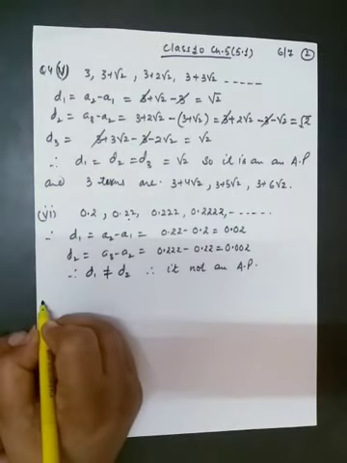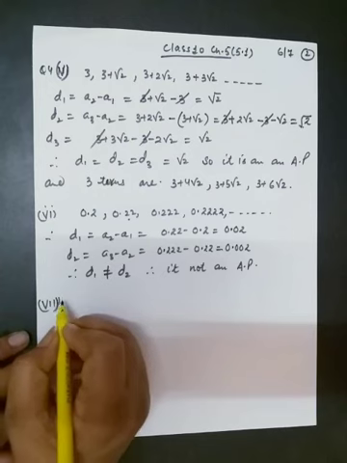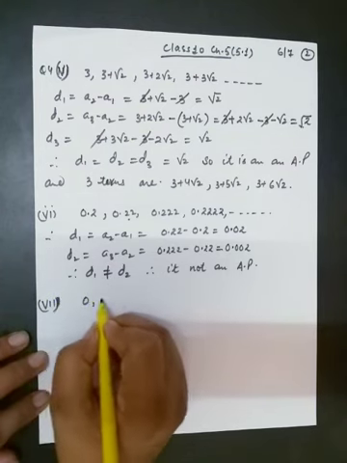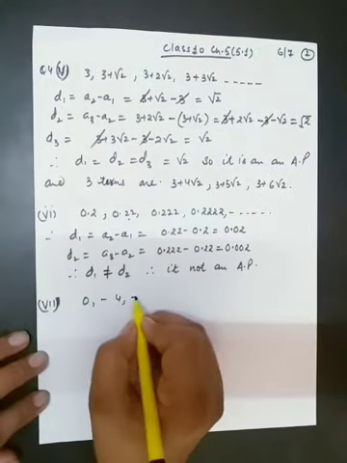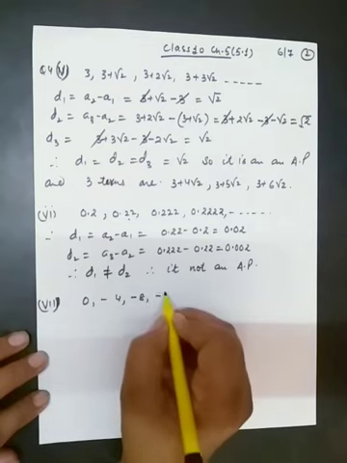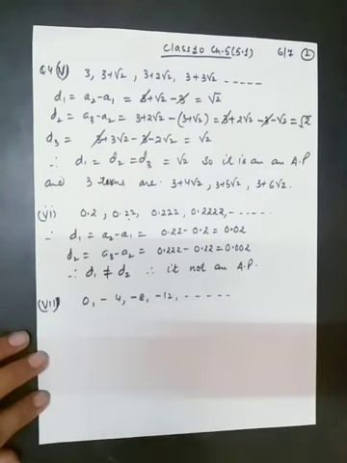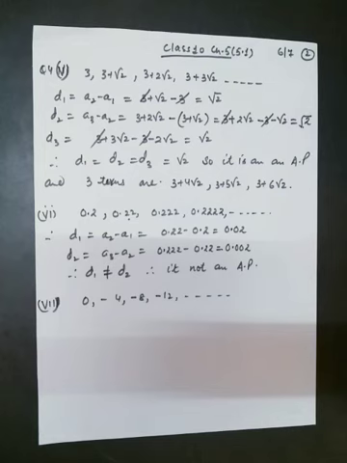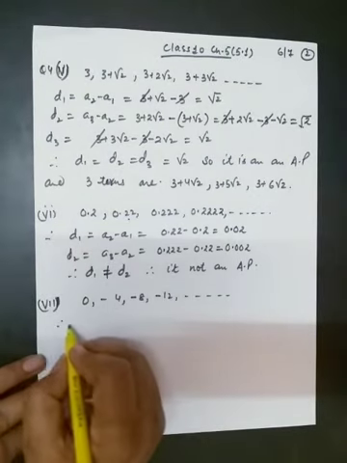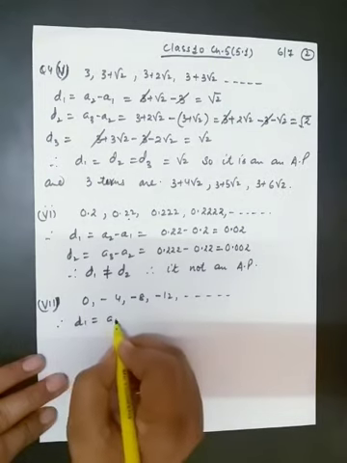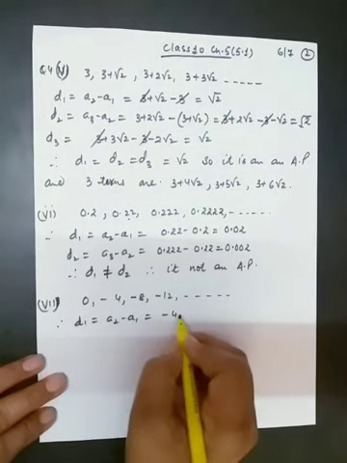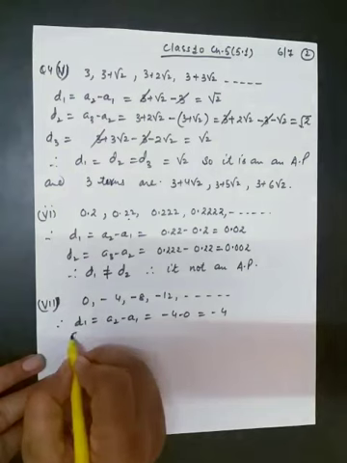In the next part, the given series is 0, -4, -8, -12, and you can see it is an AP. Each term is increased by -4. So therefore D1 is A2 minus A1: -4 minus 0, that is -4.